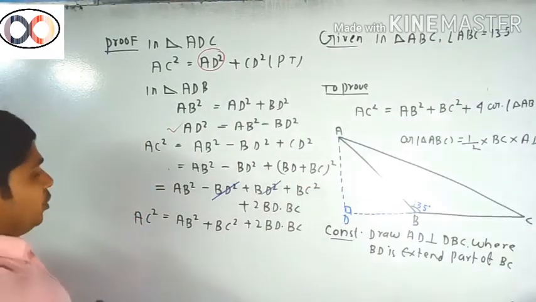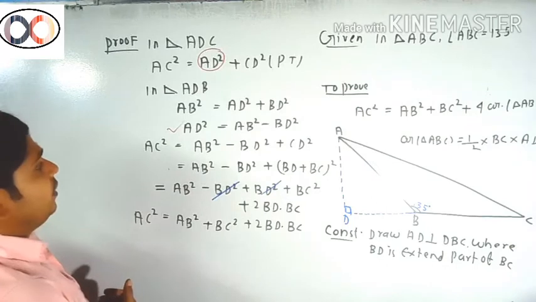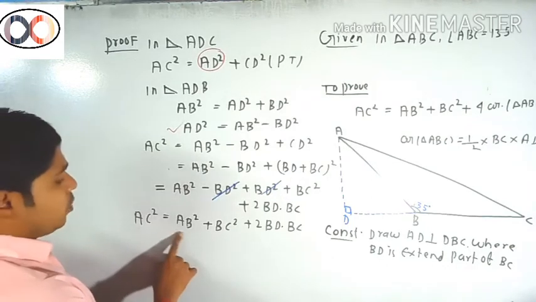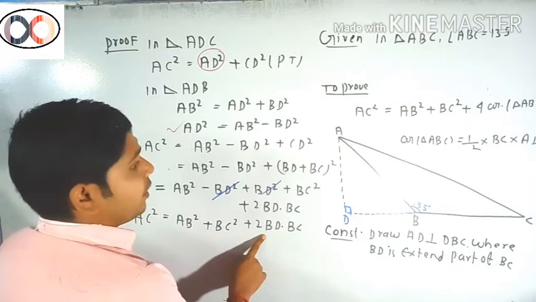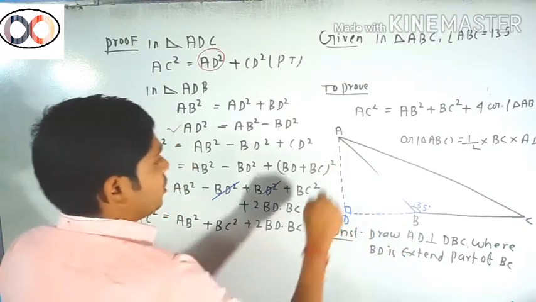Here is AD, and here is AB square plus BC square plus twice the BD into BC.